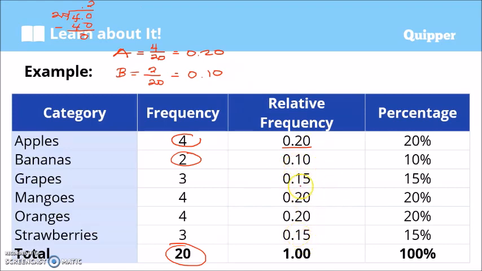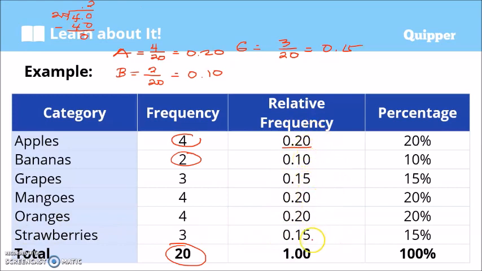Okay, so 2 decimal places yan. So, para uniform sila, add ka na lang ng 0 para 2 decimal places silang lahat. Right? So, for grapes naman, we have 3 divided by 20. Okay? And that is 0.15. And so on. The same process lang. Hanggang sa strawberries.